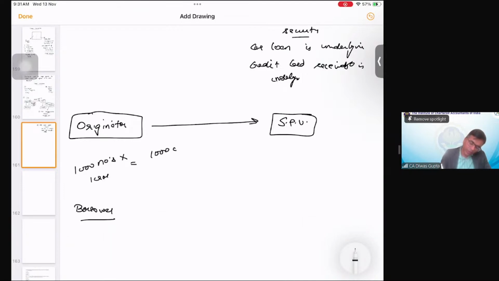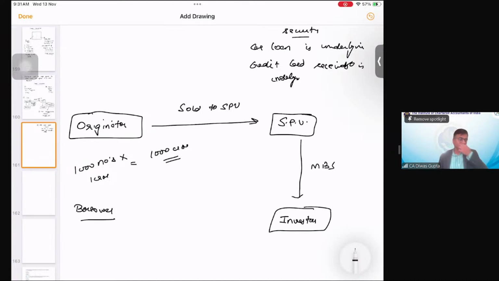So 1,000 crore is the book value of such mortgages. Okay, and these are sold to SPV. SPV issues mortgage backed securities to investors. Now here, we have also introduced the role of credit rating agencies, right?